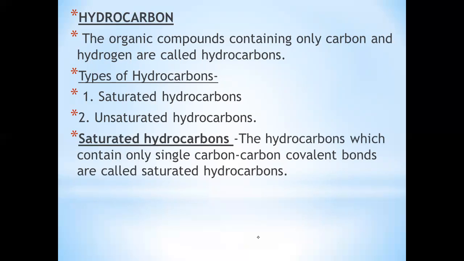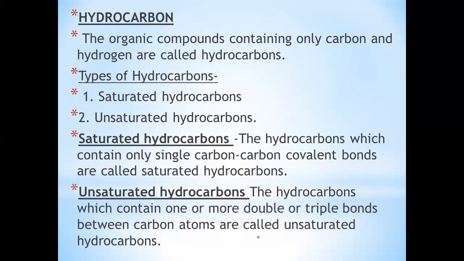Saturated hydrocarbons are hydrocarbons which contain only single carbon-carbon covalent bonds. And the hydrocarbons which contain one or more double or triple bonds between carbon atoms are known as unsaturated hydrocarbons.